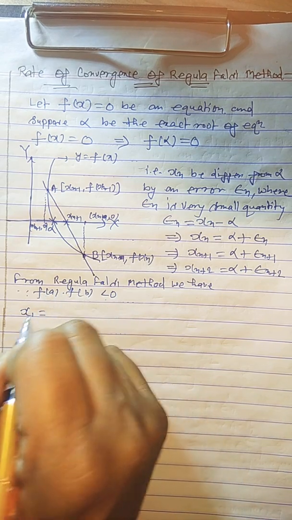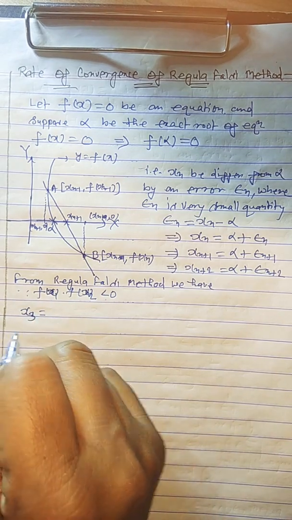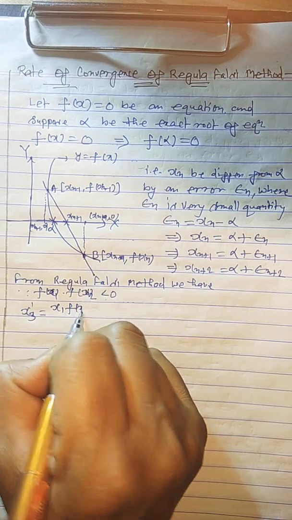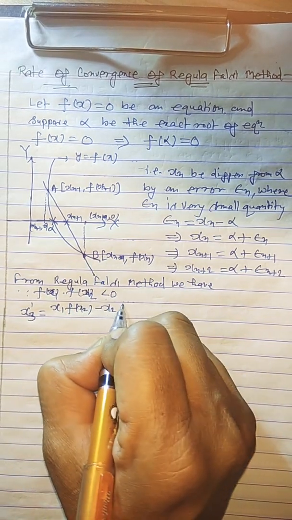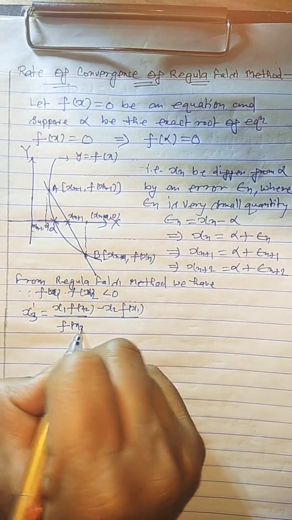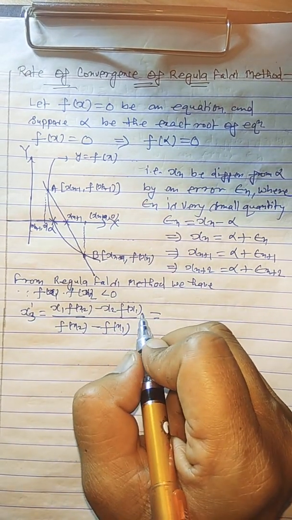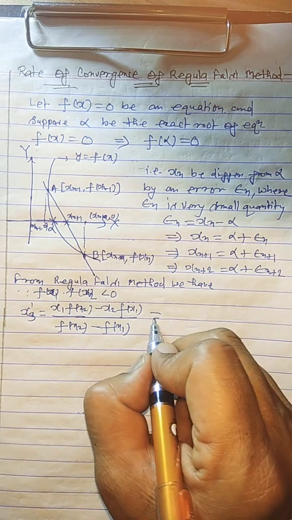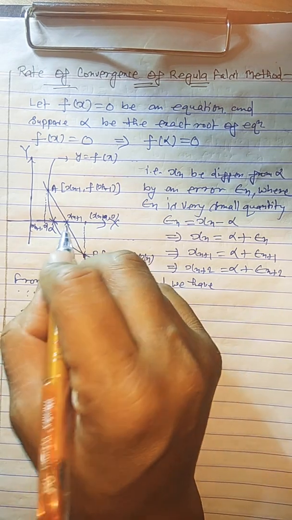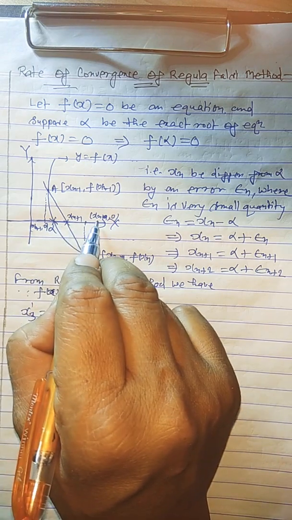Suppose this is the point x1 and this is the point x2, and the first approximated root we can find by the formula (x1 f(x2) - x2 f(x1)) upon (f(x2) - f(x1)). Here we assume the root lies between x(n-1) and xn.